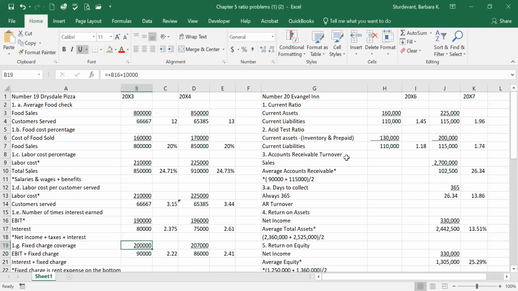Okay, next one is accounts receivable turnover. Remember what I said. Turnover ratios, with the exception of inventory, always use sales on the top, and the bottom number is your average accounts receivable.